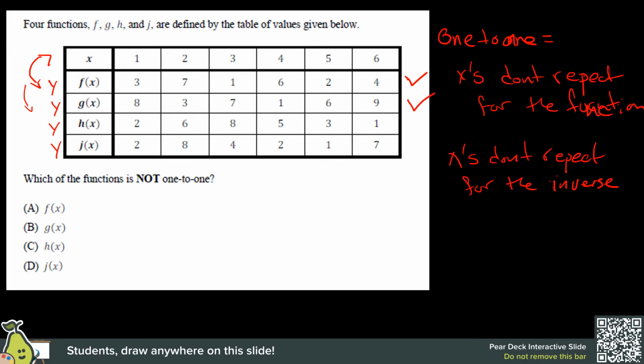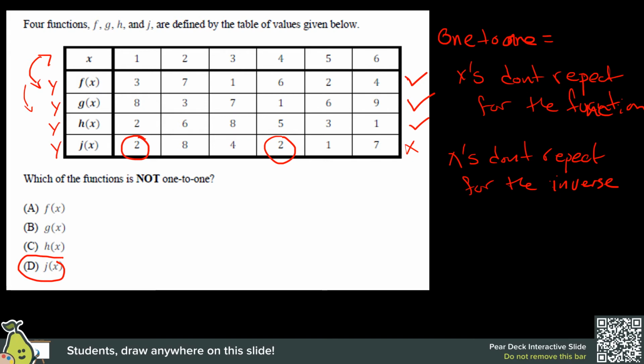H says 2, 6, 8, 5, 3, 1. Nothing was repeating there, so that is 1 to 1. And then for J here, 2, 8, 4, 2, 1, 7. These two values repeated in this row. This J function is not 1 to 1, so that is our answer here.